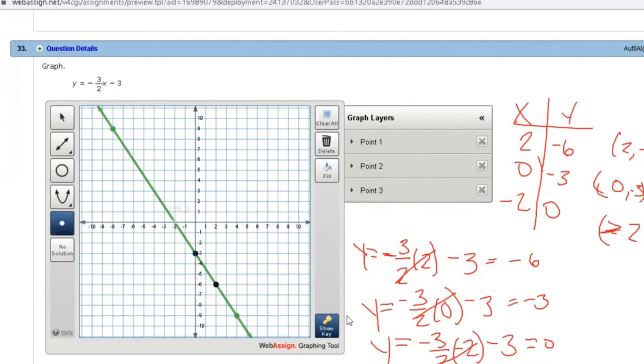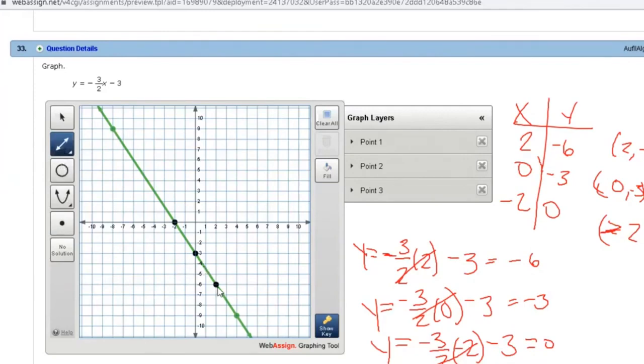Boom. Okay. Now that we have those points plotted, we click on this double-ended arrow, and we want to make sure that the double-ended arrow is selected. So we select that so that it's dark, showing that it is selected.